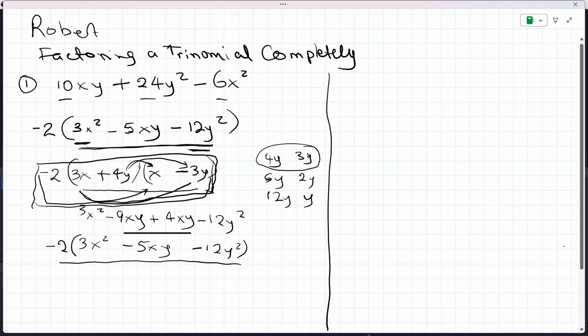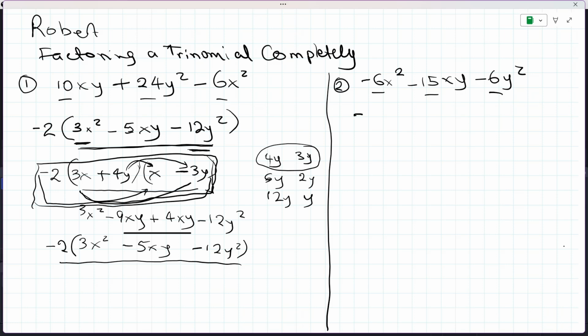Let's try a second example. This one might be a little bit tricky, but still similar. Let's suppose we have 6x squared minus 15xy minus 6y squared. Again, we need to look at the coefficients here, and we find that actually 3 really works well here.